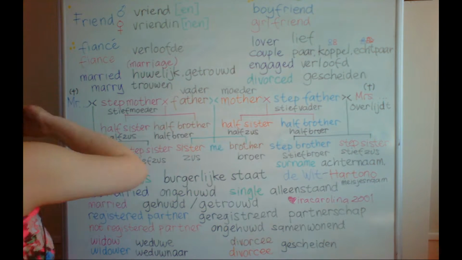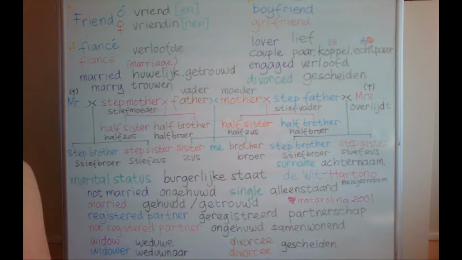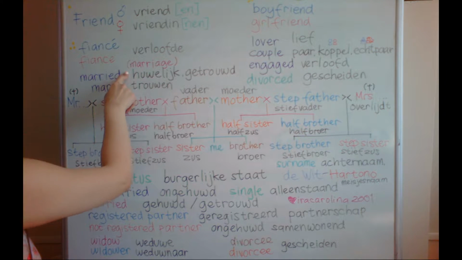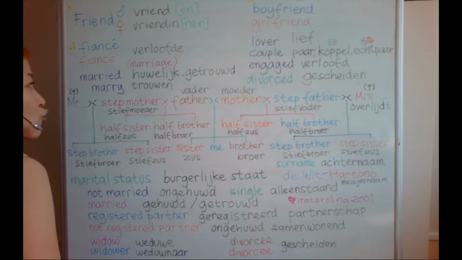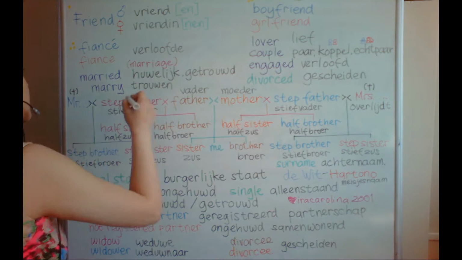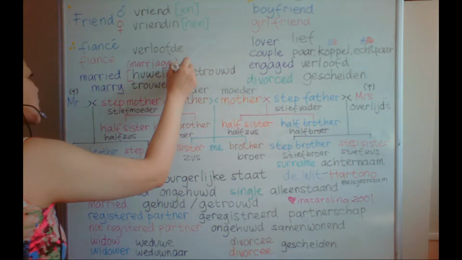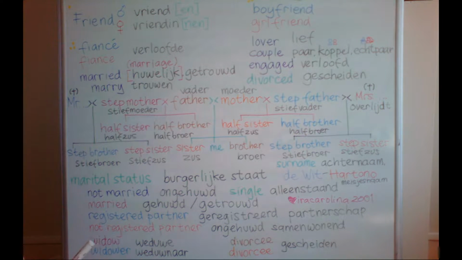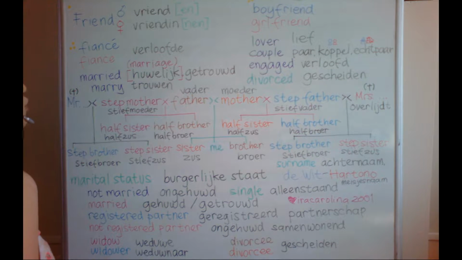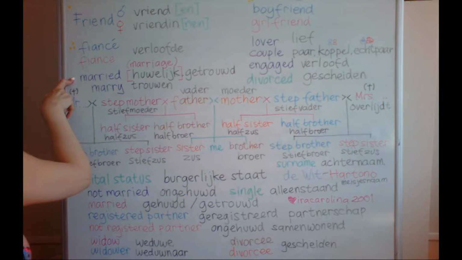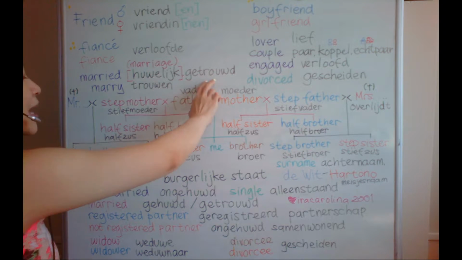After this one, we will have marriage or married life. Marriage or married life is huwelijk. I will repeat, huwelijk. But if you want to say married, it is getrouwd.